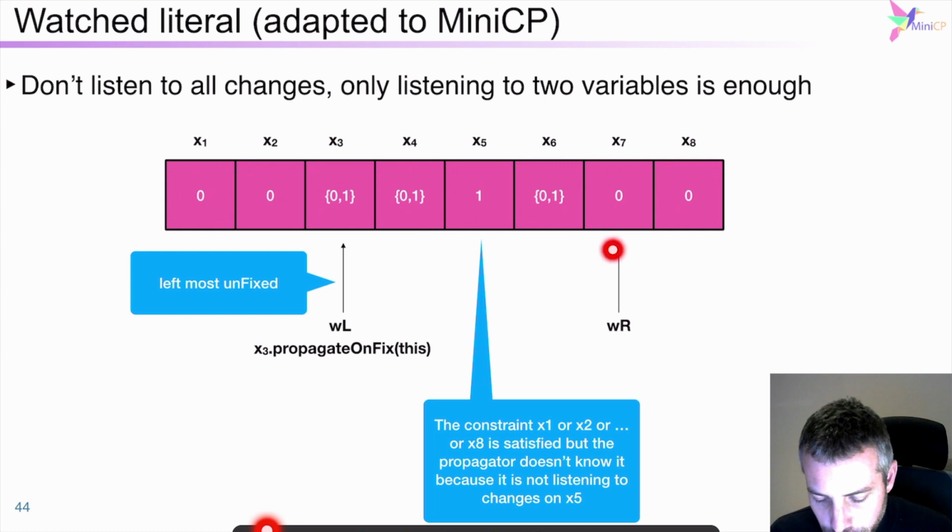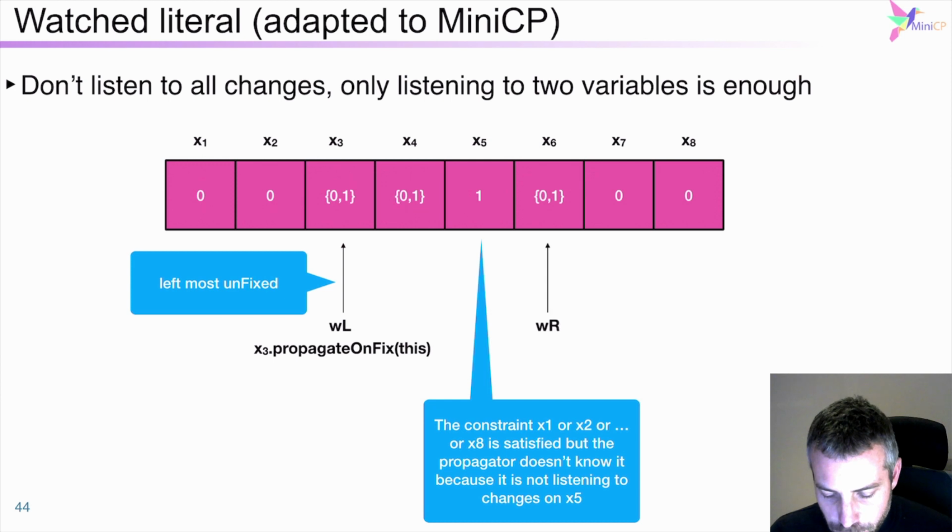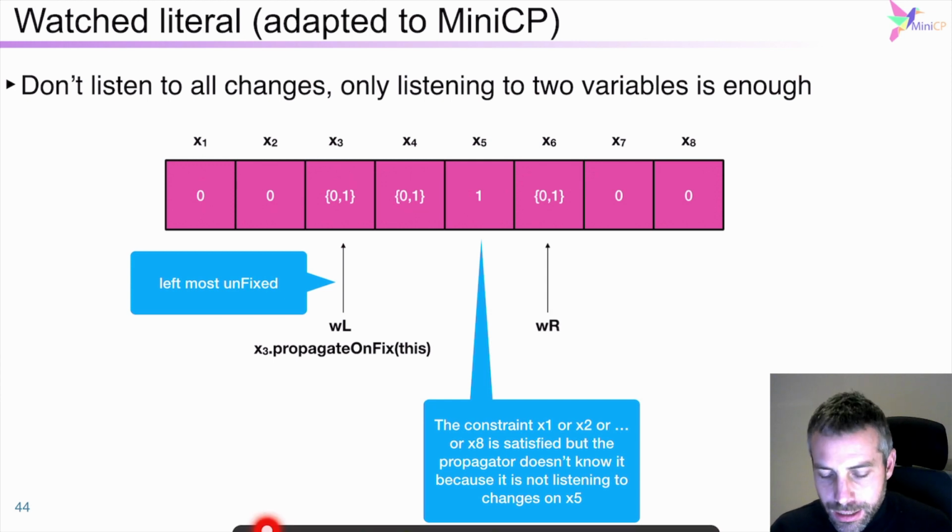You will move one to the left, and you will now listen to this one, and you will dynamically say that you are interested to be notified on every change on the domain of the variable x6. And again, the constraint is already satisfied, but we do not know it yet. But that doesn't matter, right? Because we do not fail, and we have a very cheap footprint on the fixed point because we have only two variables that we are interested to listen to.